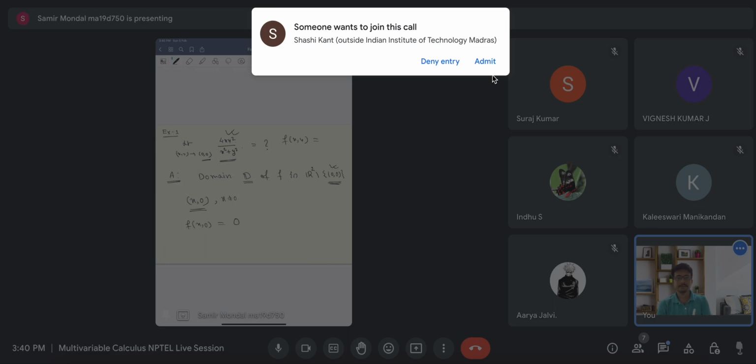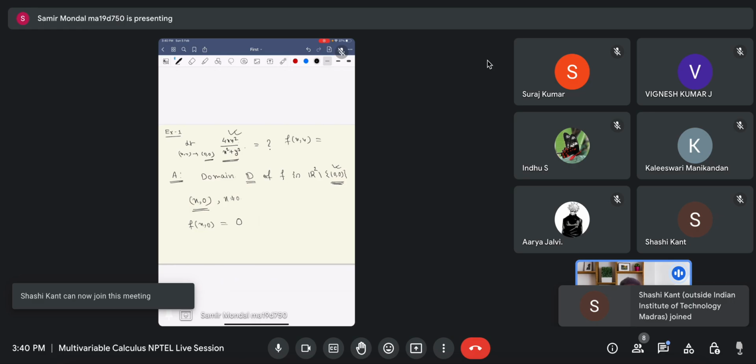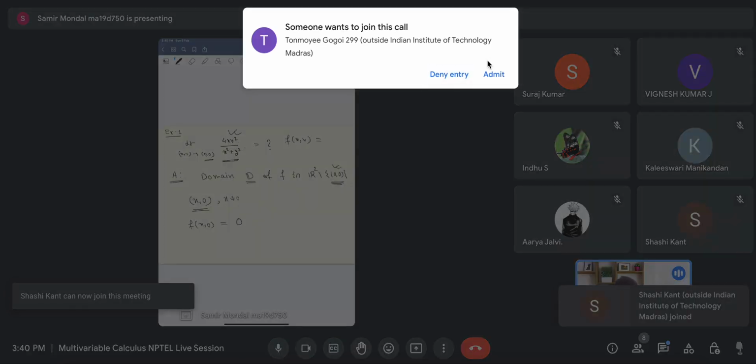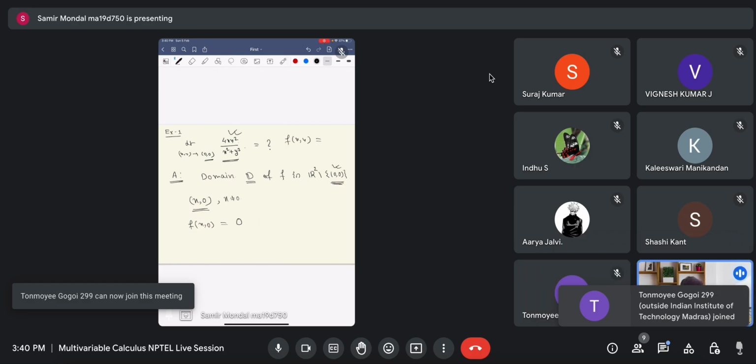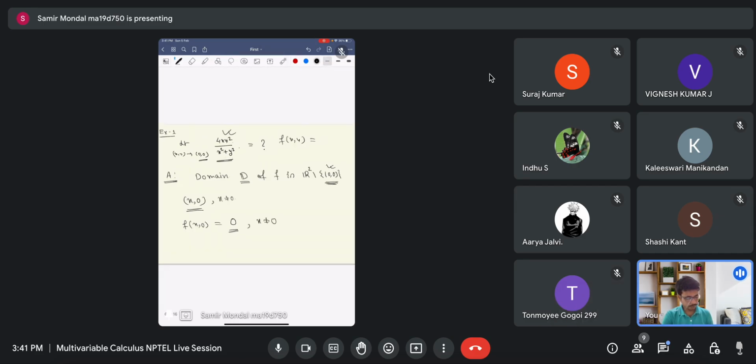So we get that f(x, y) equals f(x, 0) equals 0, is it or not, when x is non-zero. And similarly we will get that this one is also 0 for y non-zero. So from here, could you please guess what would be the limit for these functions?